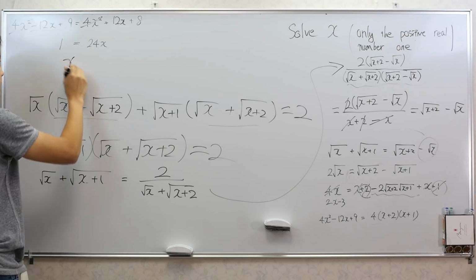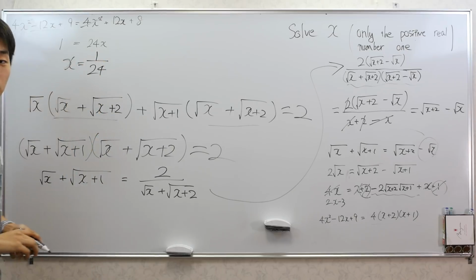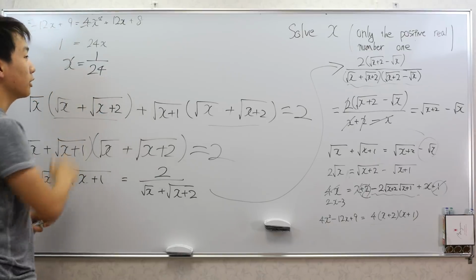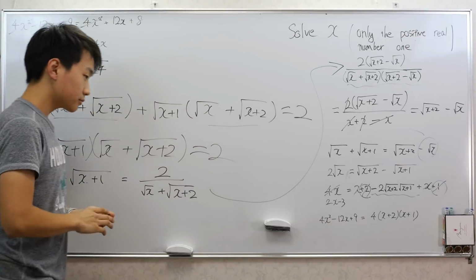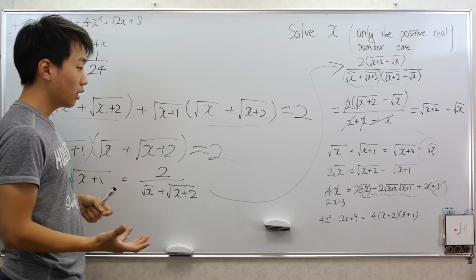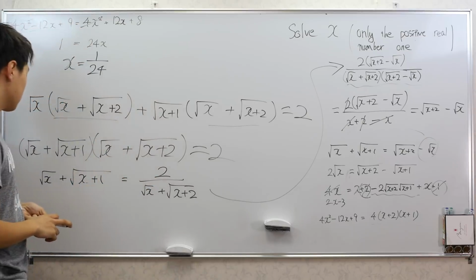Which then, of course, x equals 1 over 24. And this is the positive real number answer.